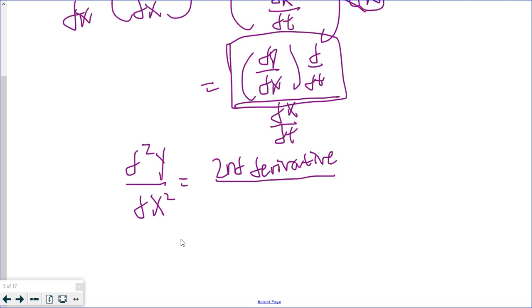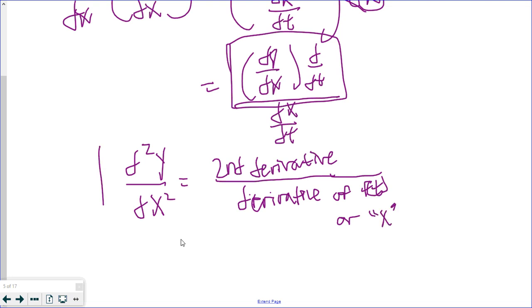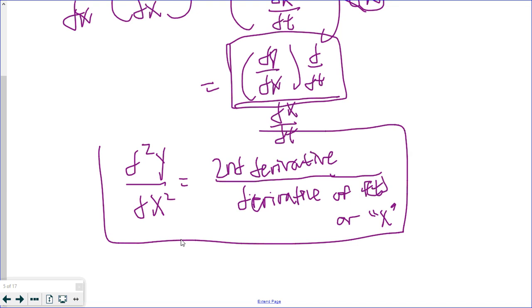And then the bottom, dx over dt, means the derivative of f of t, because that's how we defined the x equation. So it's the derivative of f of t, or the x equation. Maybe add that to your list of things that you need to know. It may sound confusing, but I promise you the example is super straightforward. So let's do an example together.